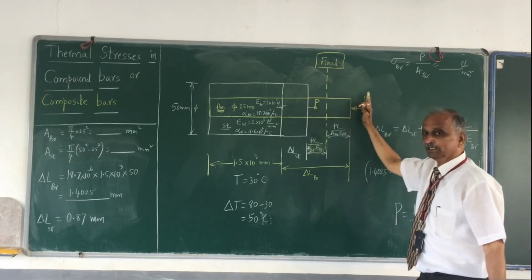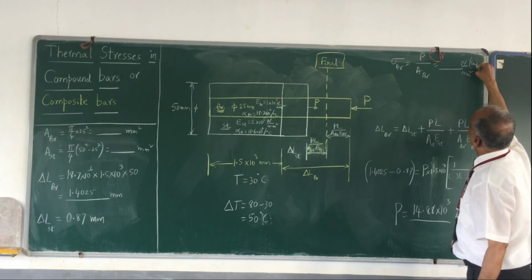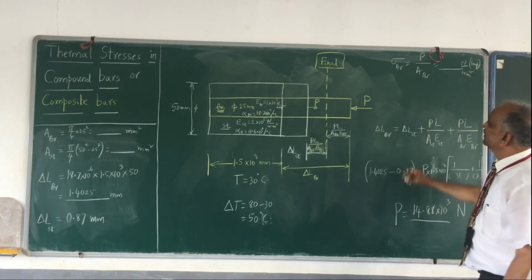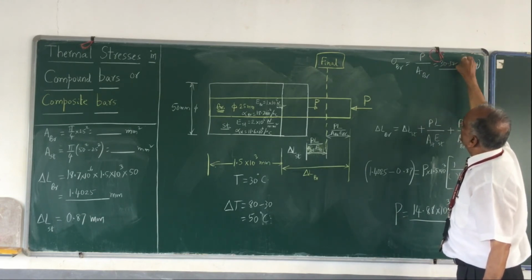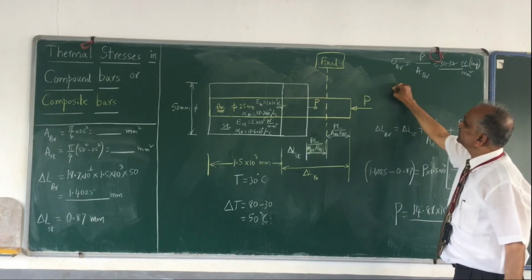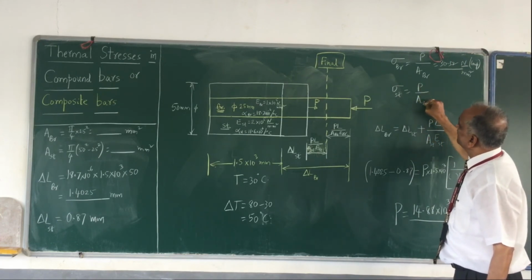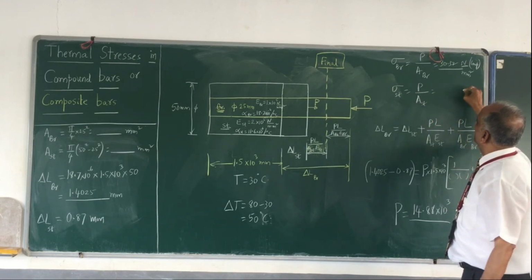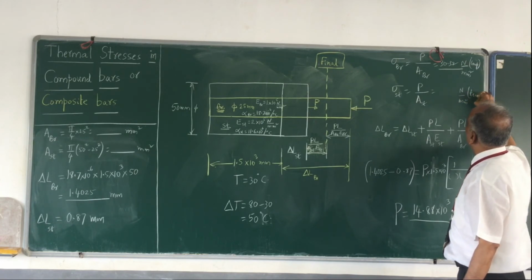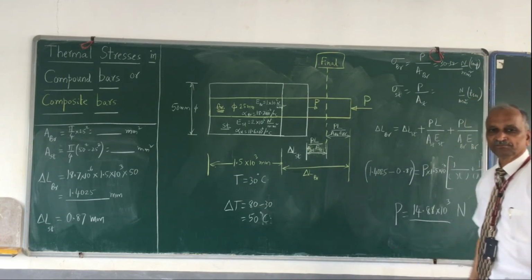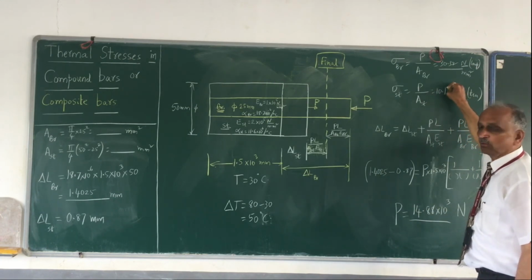It was here and it has been compressed, and therefore the stress is compressive, 30.32 compressive. Similarly, sigma steel is P divided by AST, also so many Newton per millimeter square, and this is tensile in nature, 10.10.